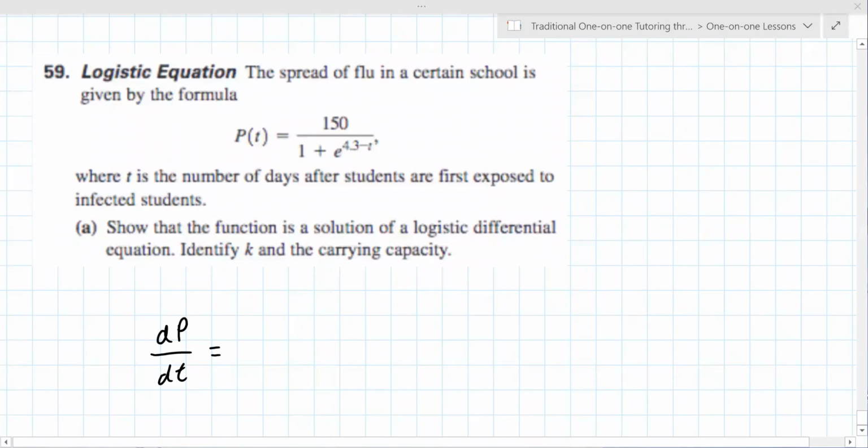You would not get this question on an exam because they're more interested in you solving it. This is just like, can you use the logistic differential equation? Okay. Let's see if I can find it.